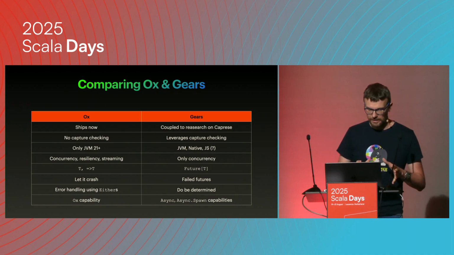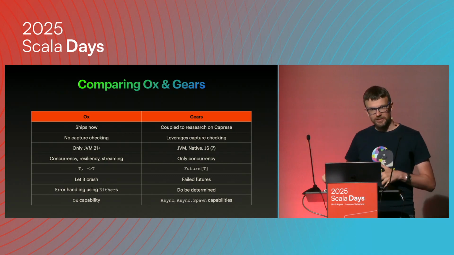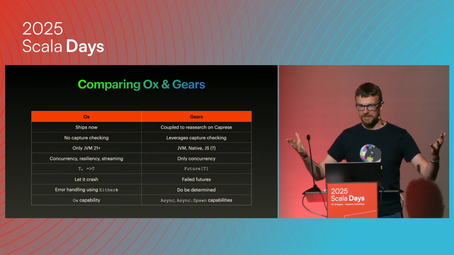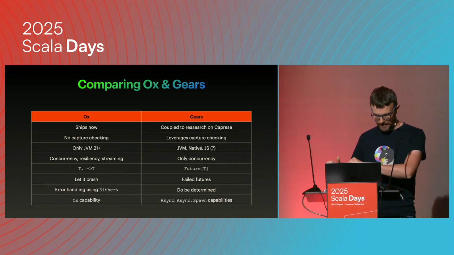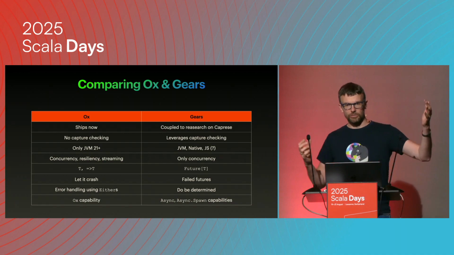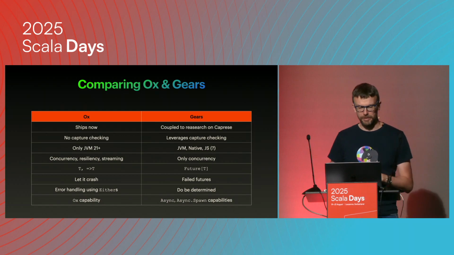And the approach to error handling is also a bit different. In Ox, we have a let it crash approach. So if you're in a supervised scope and any of the forks fails, throws an exception, it will fail the whole scope, right? So it will fold everything, and the exception will be propagated.